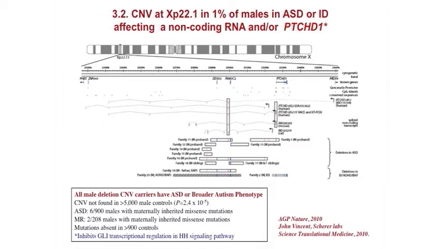We think that this is actually a second locus. I won't show you the data today, although we've now generated induced pluripotent stem cell lines on a few of these deletion carriers and the PHD gene. While we initially thought that the non-coding RNA may be involved in regulating the protein-coding PHD gene, it turns out not to be the case.